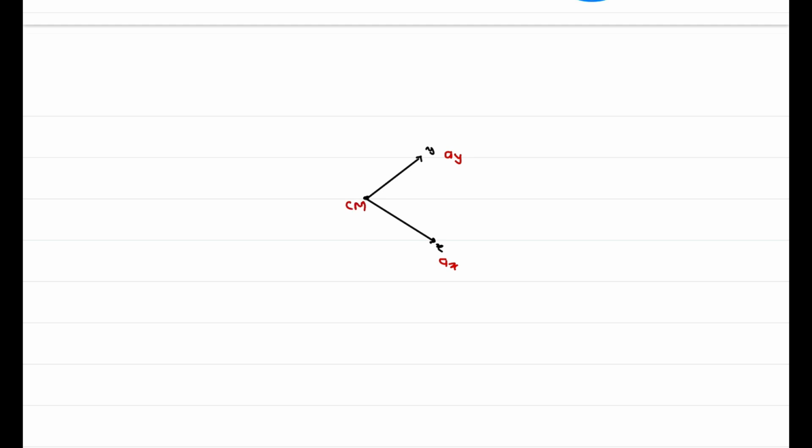This is the CM. Now take any origin as a reference. The position of the CM, let me say here is the origin O.